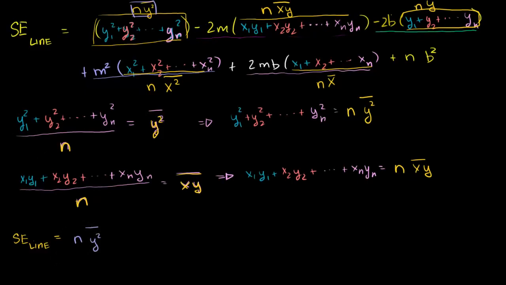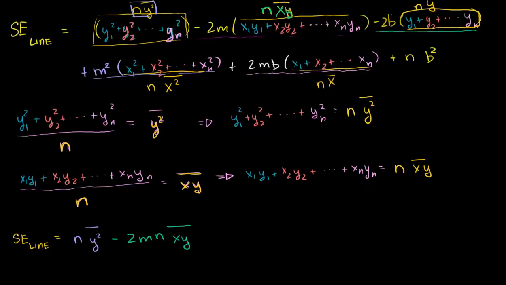This term right here is equal to negative 2m times n times the mean of the xy values, the arithmetic mean.